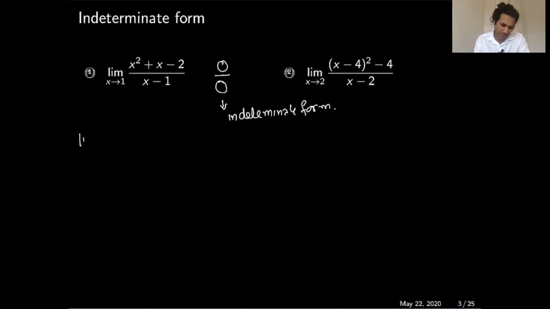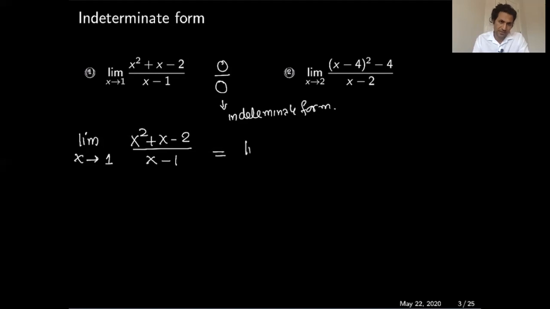So let's see how to calculate the limit of such a function when you get 0 in the top and 0 in the bottom. In this case, I have a polynomial function in the top and a polynomial function in the bottom. If you have a polynomial in the top and a polynomial in the bottom, what we need to do is factor the top and factor the bottom.